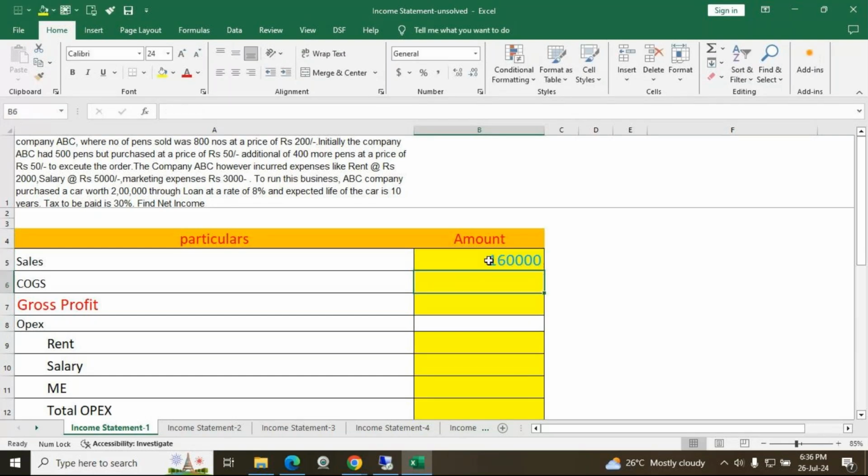So COGS will be 500 into 50 plus 400 into 50? I have sold 800 pens, so for the items I have sold, that is 800 pens, how much cost have I spent to buy those pens? It will be 800 into 50.